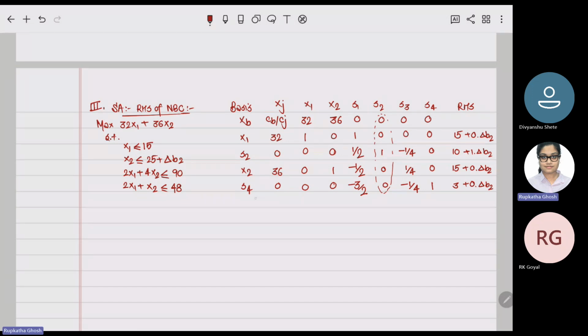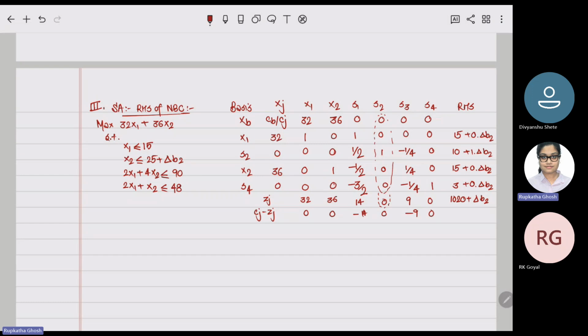Your Zj is 32, 36, 14, 0, 9, 0, 1, 0, 2, 0 plus delta B2. And Cj minus Zj is 0, 0, minus 14, 0, minus 9, 0.